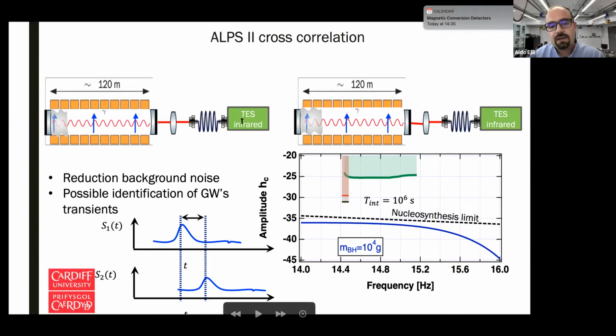In this way, you reduce the background counting of these two photodetectors, and you can correlate the signal coming from a gravitational wave background and improve the sensitivity. This is an idea where you improve the sensitivity by integrating 1 million seconds.